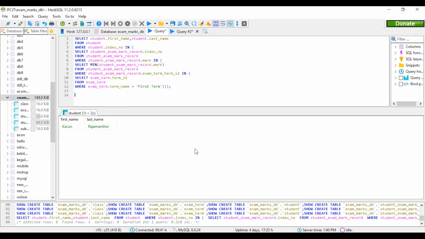Execute, and you will get the first name and the last name of the student who got the lowest mark from all subjects in first term.